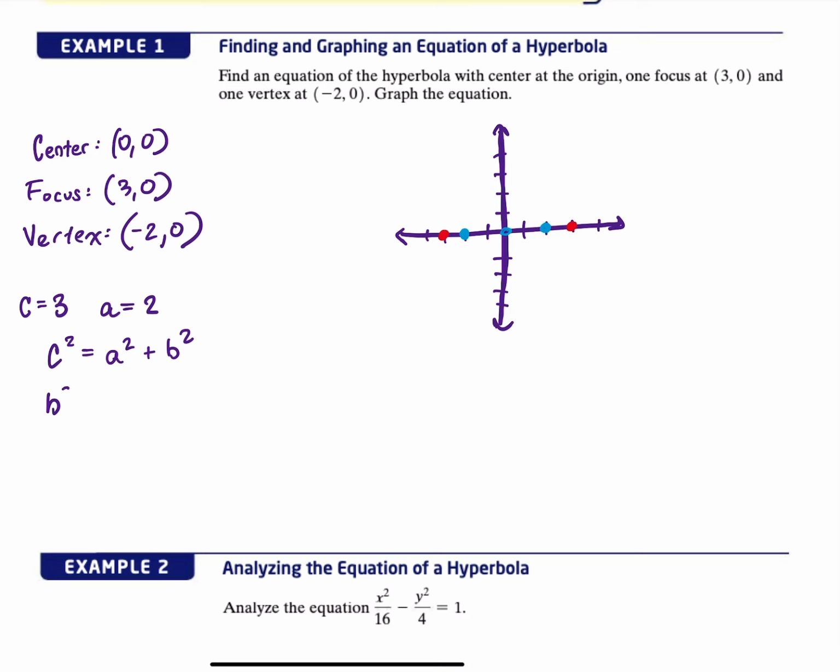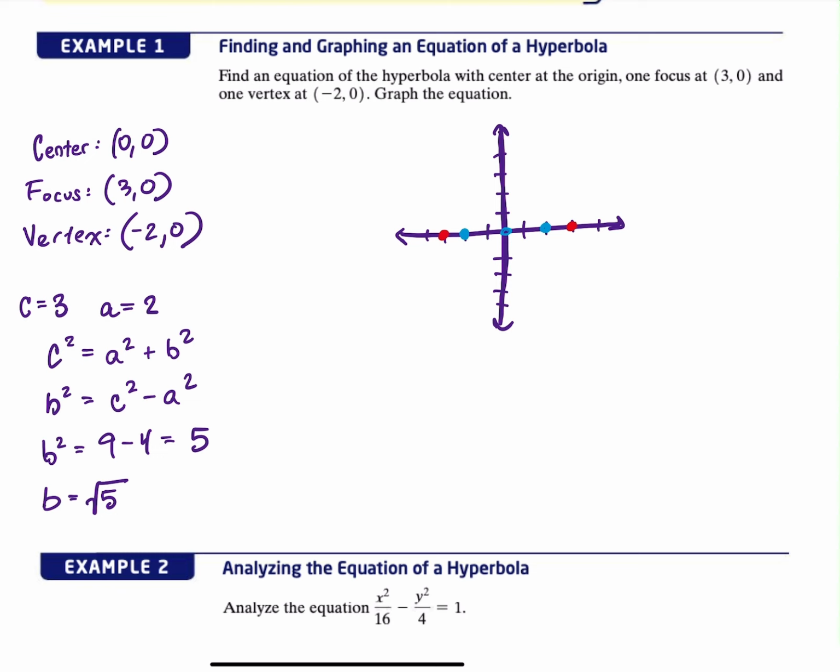So that means B squared will equal C squared minus A squared. So that would be 3 squared minus 2 squared, or 9 minus 4, which is equal to 5. So B squared is 5. That means that B is the positive square root of 5, which is just over 2. It's like 2.1 something, I think.